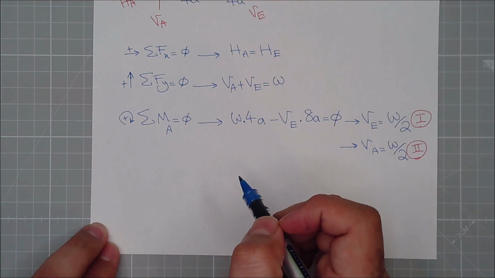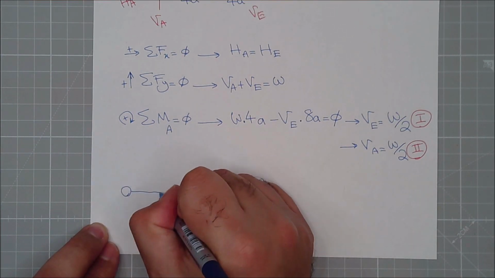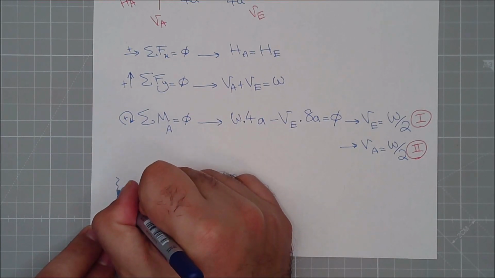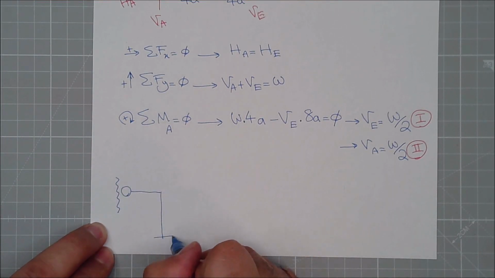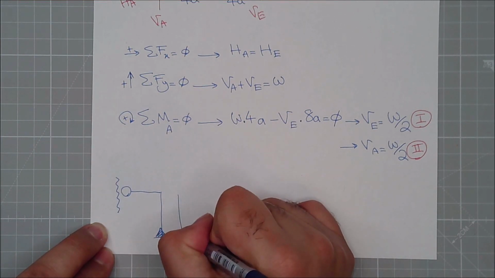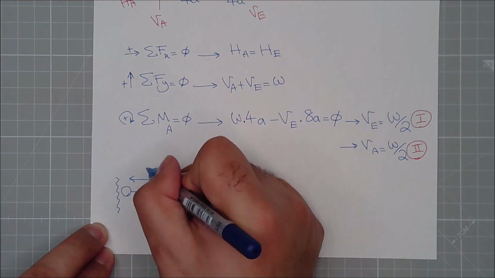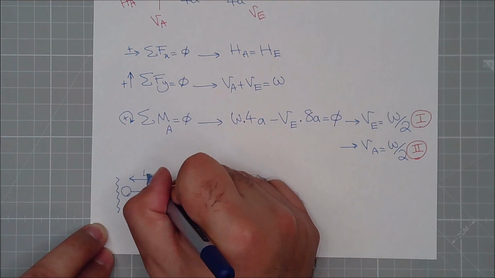So I'm considering the right side. This is my hinge. This is my beam, and I'm cutting it from this side. Yeah, I have the pin. This is 3A. This is 4A.